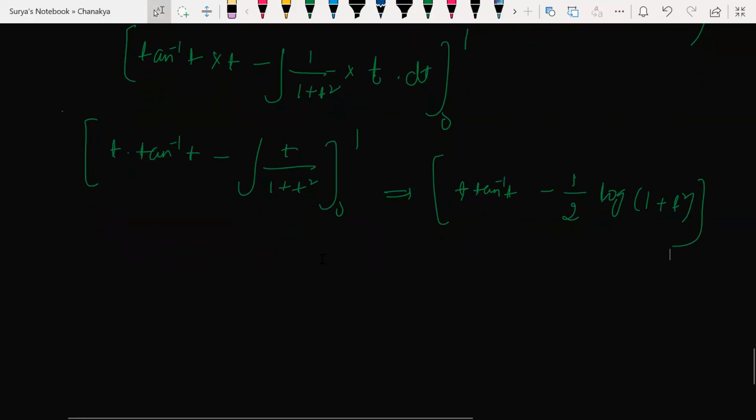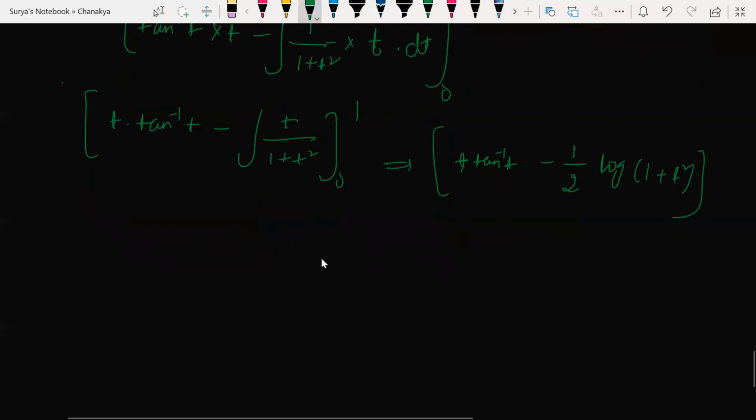Isn't it log? So integral of t by 1 plus t square, so it is 1 by 2 log, from where to where, 0 to 1. This as it is, integrating, I've got this. Now substituting the limits.